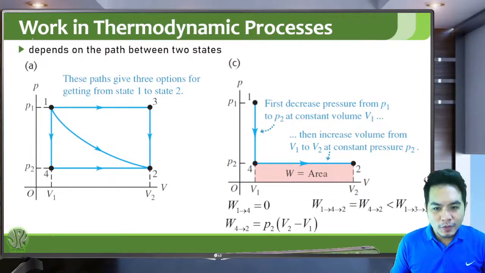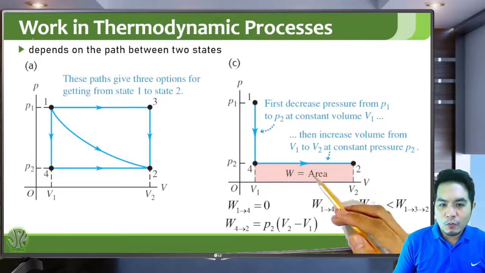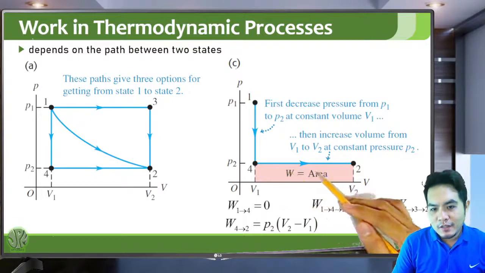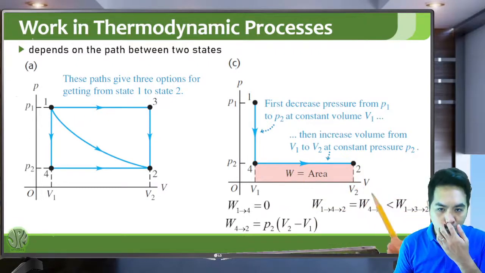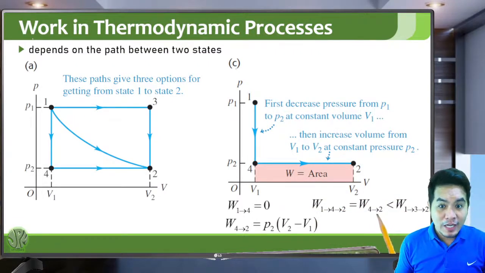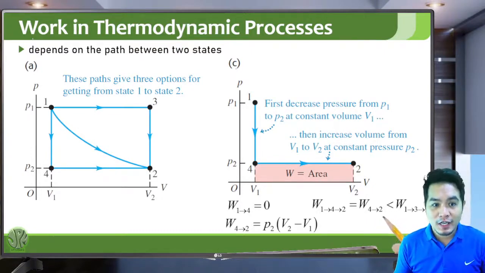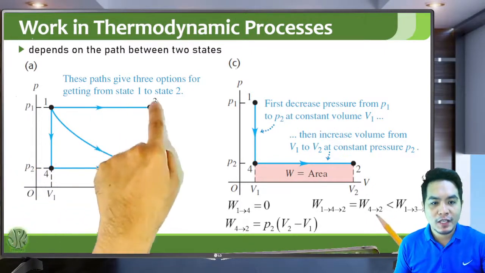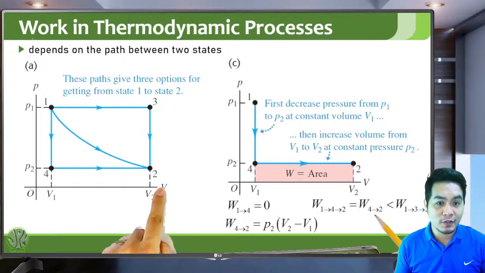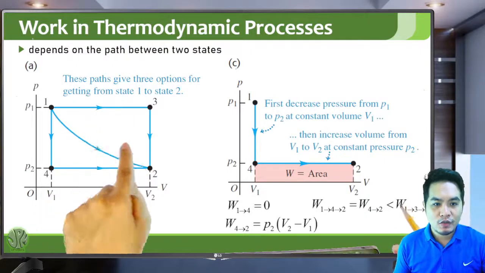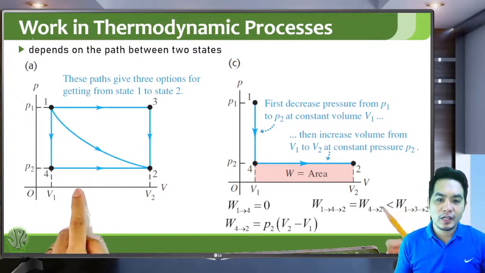But you will notice that the total work done is just this work here, the work from 4 to 2, and it's not the same work as compared to the previous case, the 132 case. Because in the 132 process, the work done is this whole rectangle here.